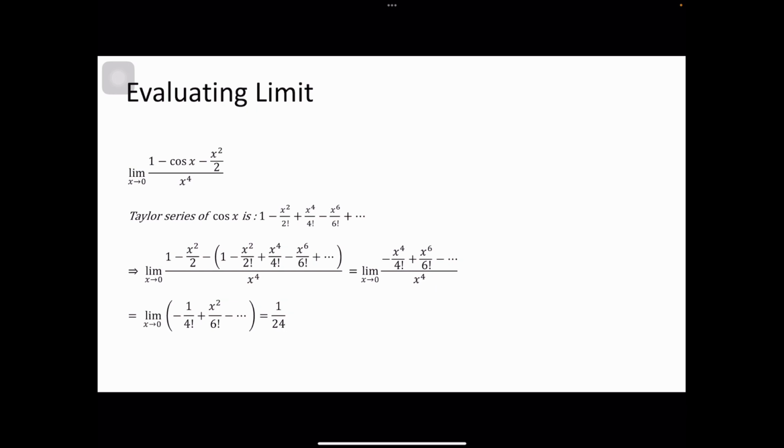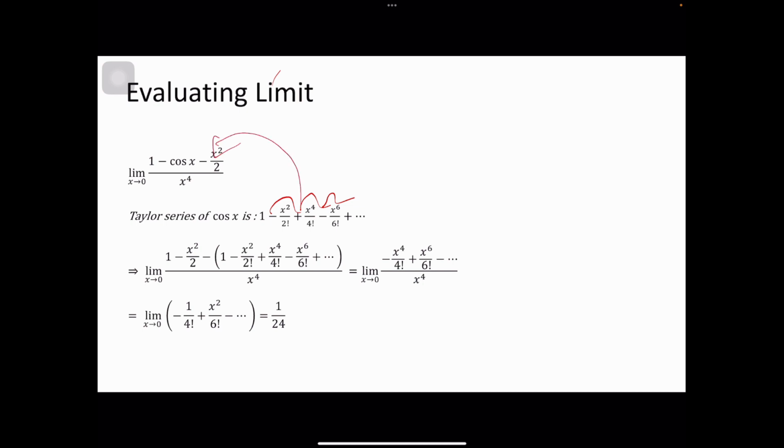Another exercise is 1 minus cos x minus x squared over 2, over x to the power 4. So again, we need to take the Taylor series of cosine x, which is 1 minus x squared over 2 factorial plus x to the power 4 over 4 factorial minus x to the power 6 over 6 factorial. There are some alternating signs in here. And so now we have to replace this into the limit.